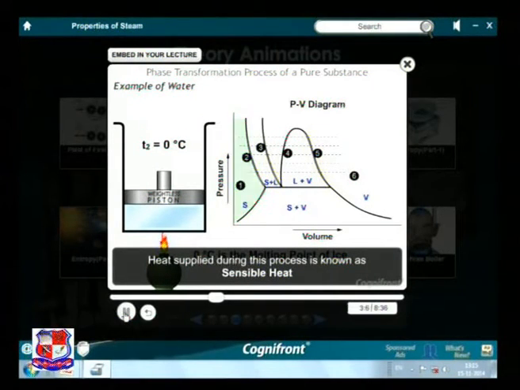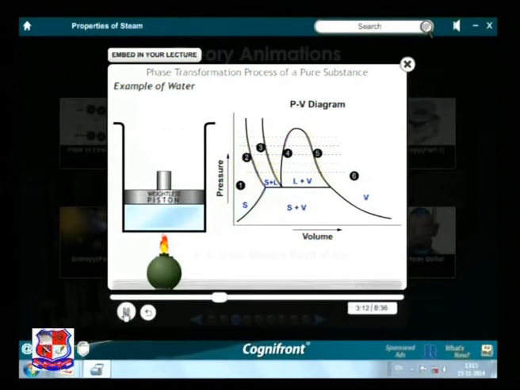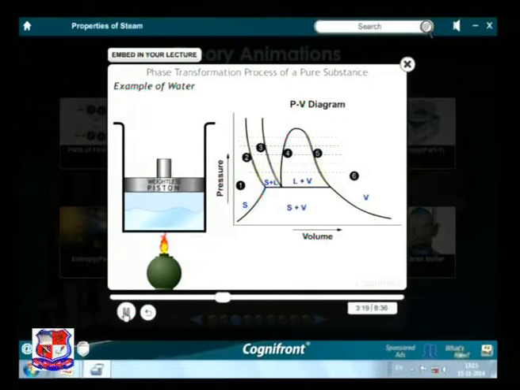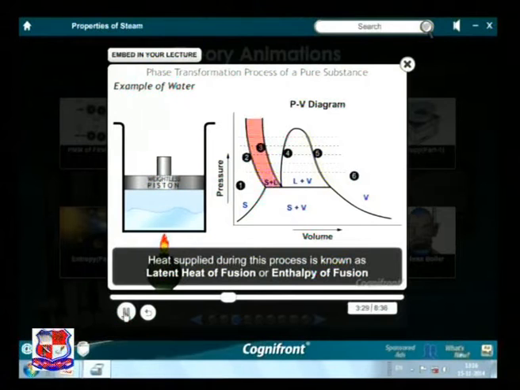This phase is represented by the region between states 1 and 2. As the heating continues from 0 degrees Celsius, ice starts melting. Here we observe a mixed phase of solid and liquid. The region between states 2 and 3 represents this mixed phase.